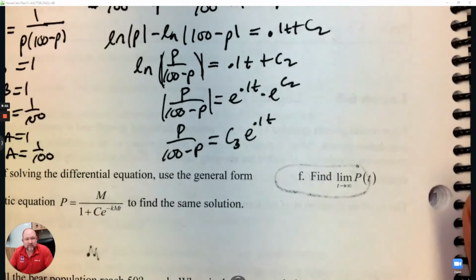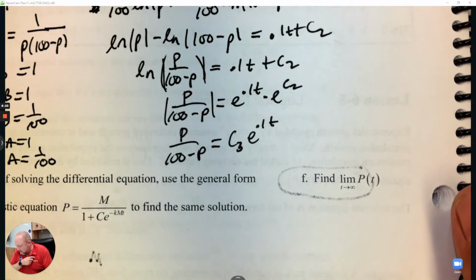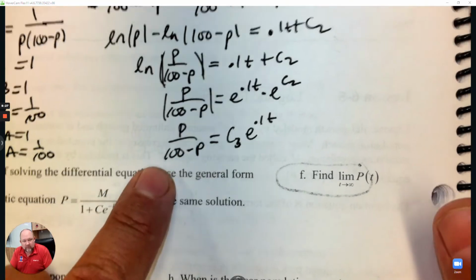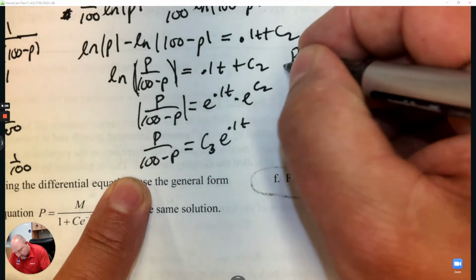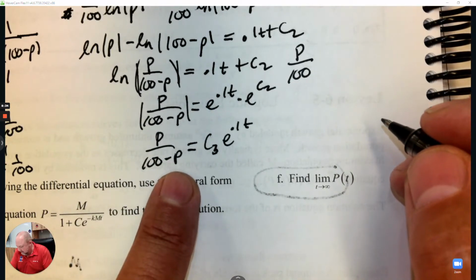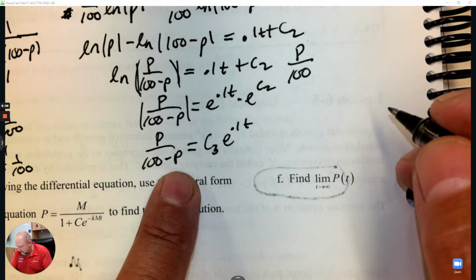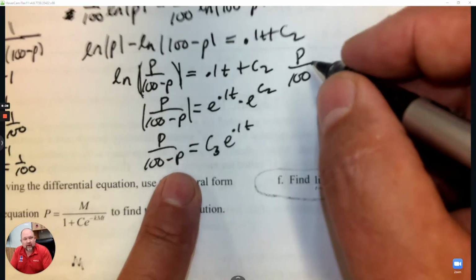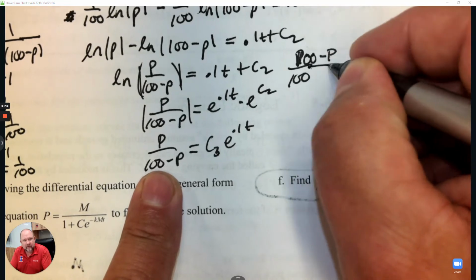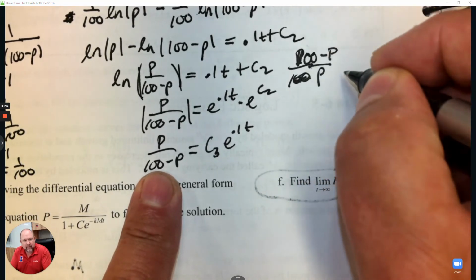We're getting there. I want to get P by itself here. So I have P over 100. P divided by negative. So I got P. Oh, wait a second. What should I do? Well, let's flip it around. So I'm going to put 100 minus P on top and just P on the bottom.